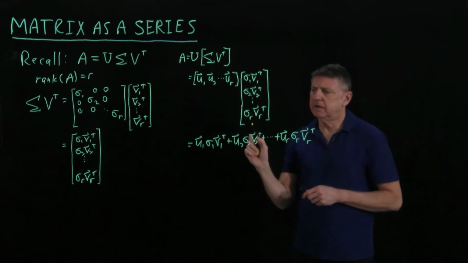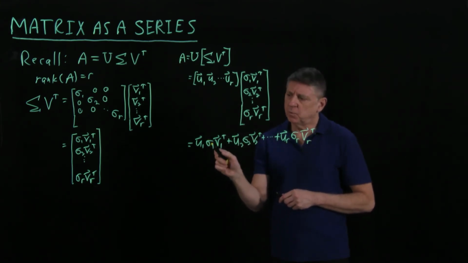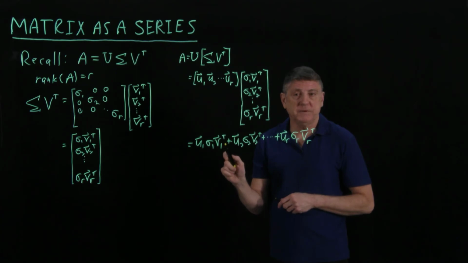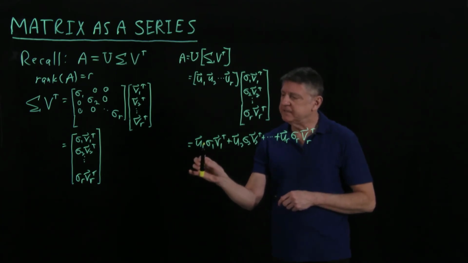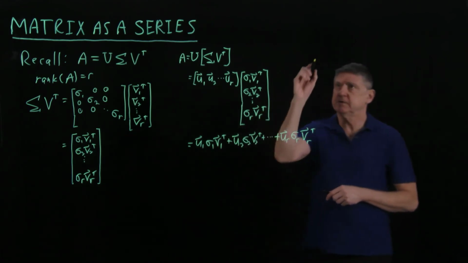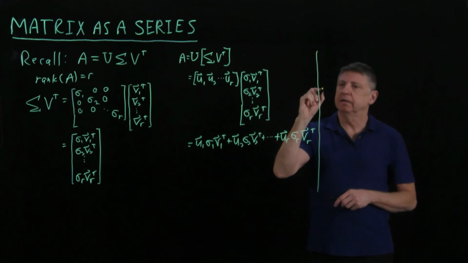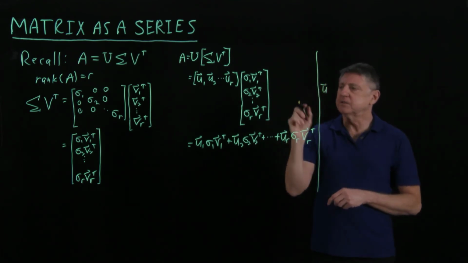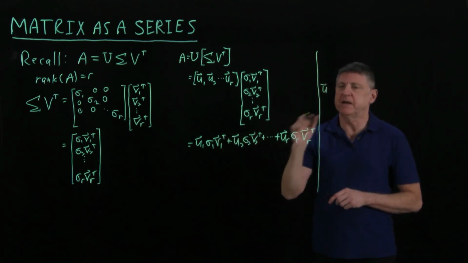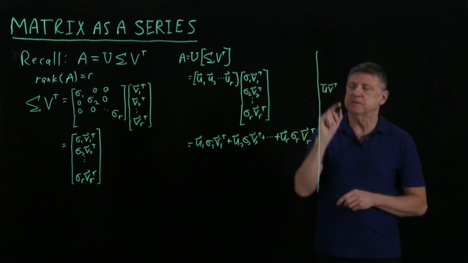Now let's make a couple of observations here. We could ask, what is the rank of this matrix here? Let's write this down separately, dropping the subscripts for now. What is U times V transpose?